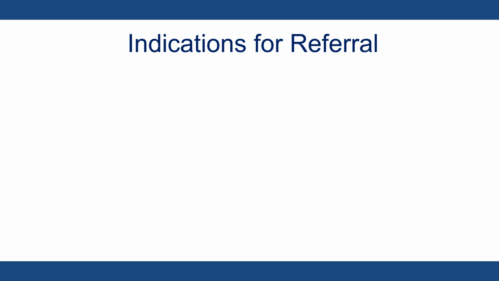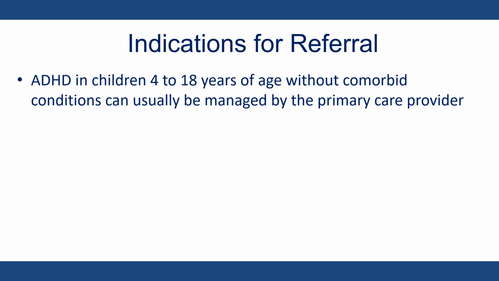So generally speaking, when you have a child with ADHD between 4 and 18 and they do not have any other comorbidity, those conditions can be very well managed by their PCP.